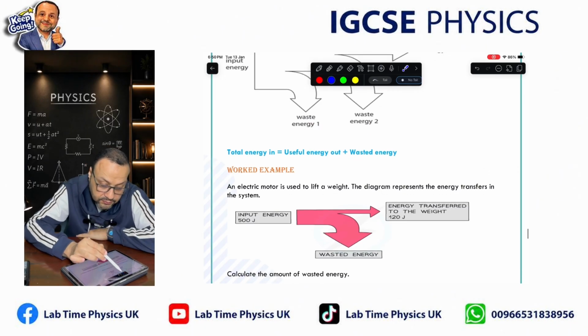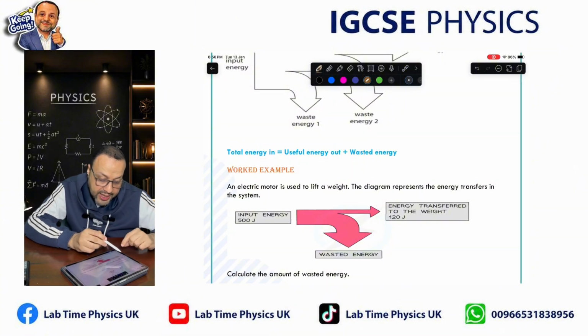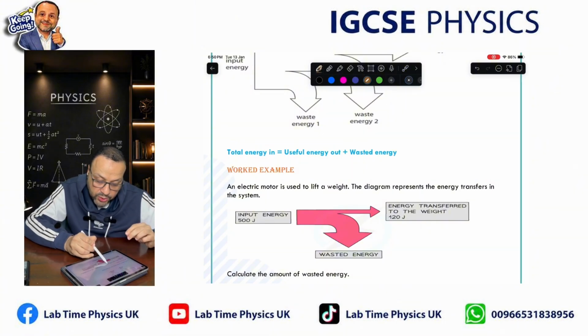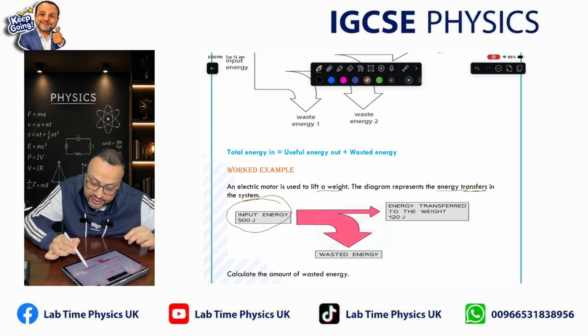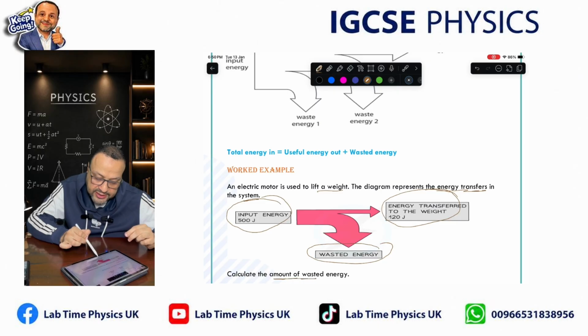Worked example. An electric motor is used to lift a weight. The diagram represents the energy transfers in the system. Here we have energy input equal to 500 joules and useful energy output equal to 120, and this will be the wasted energy. He asks me to calculate the amount of wasted energy.